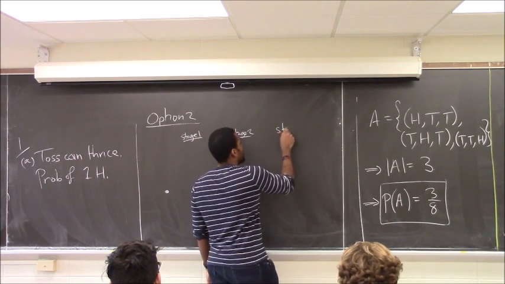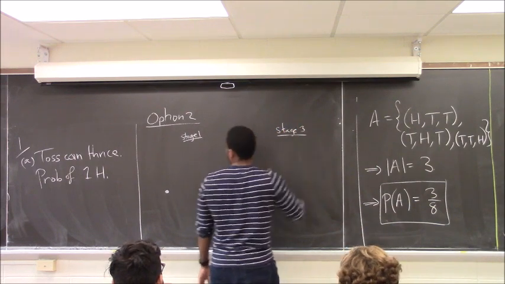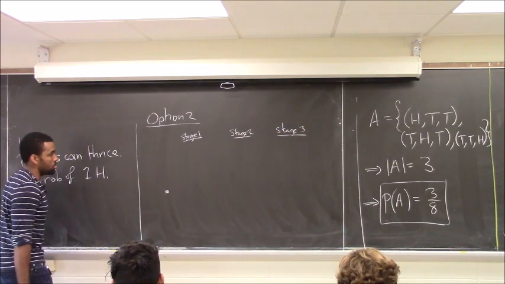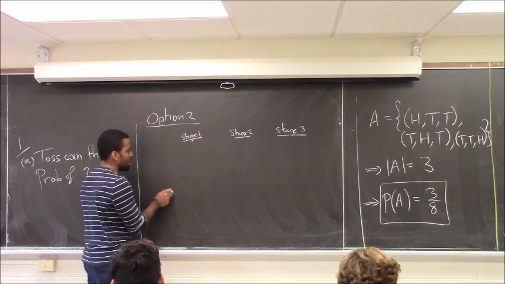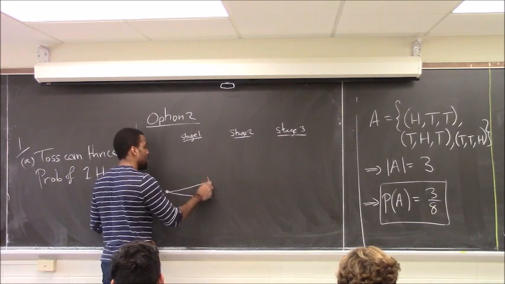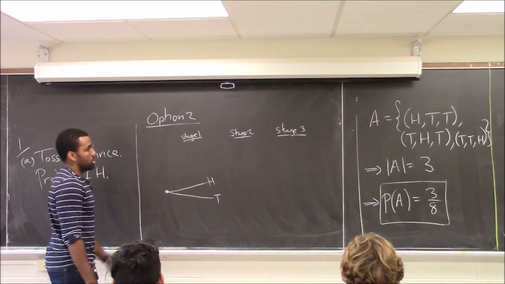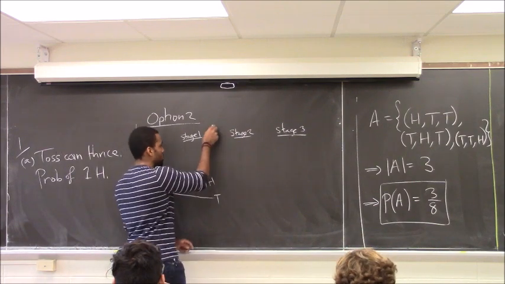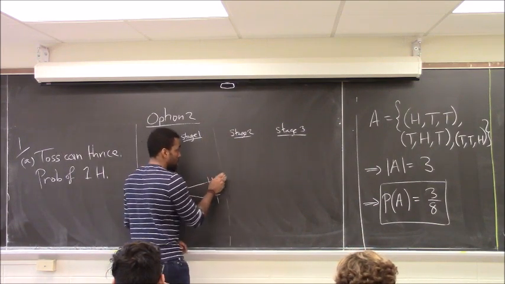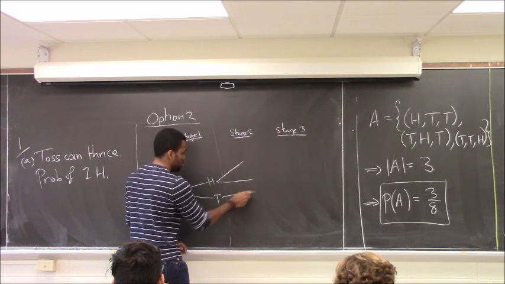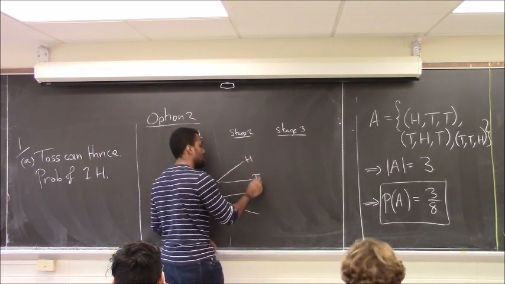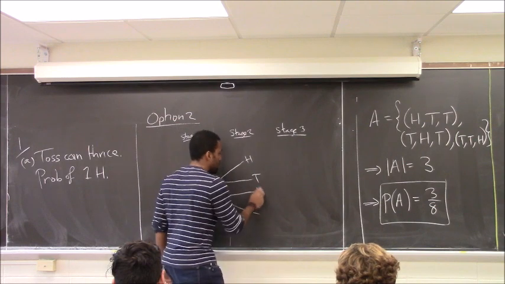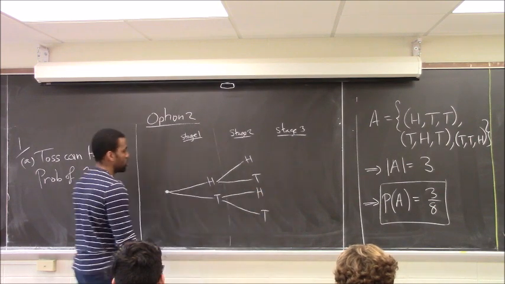You have stage 3, which is the third toss. The point here represents the beginning. Now in the first stage you can get a heads or a tail. And then once that first flip is done, you can have a heads or a tails on the second go, based on whatever situation you have.